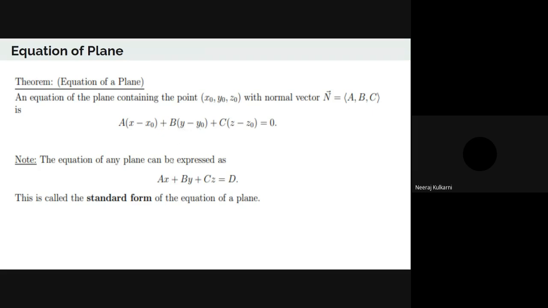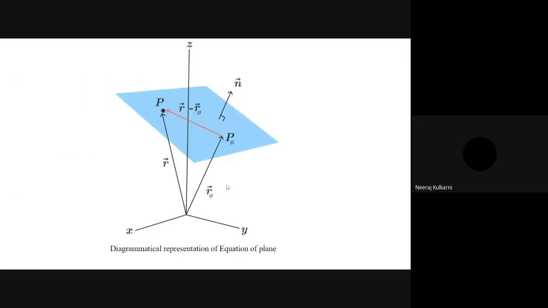So we can write the equation of the plane as a into x minus x naught plus b into y minus y naught plus c into z minus z naught is equal to 0, where a x naught plus b y naught plus c z naught can be represented as d, and the whole equation can be rewritten as ax plus by plus cz is equal to d. So d is basically the constant term in the plane. This form is called the standard form.